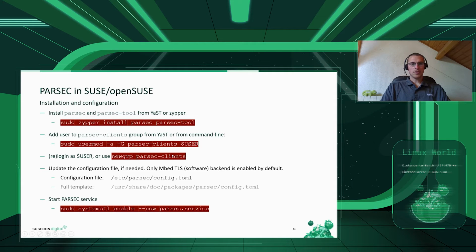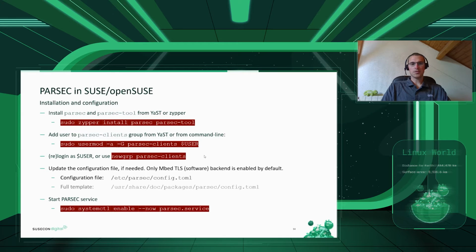Otherwise, you can use the new grp command to enable immediately the Parsec clients group. Then you will need to update the configuration file if needed, because by default it only provides the embed TLS backend, which is a software backend.